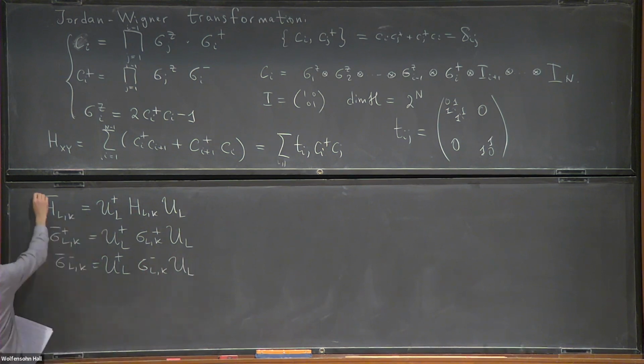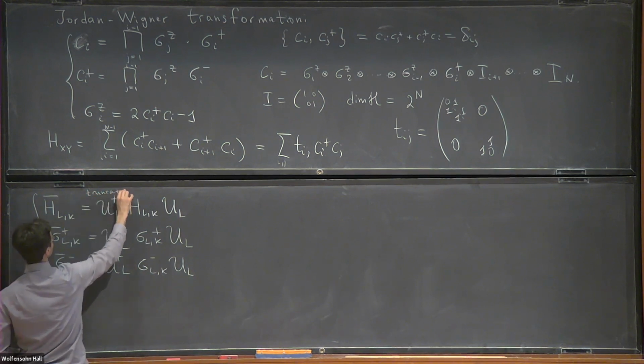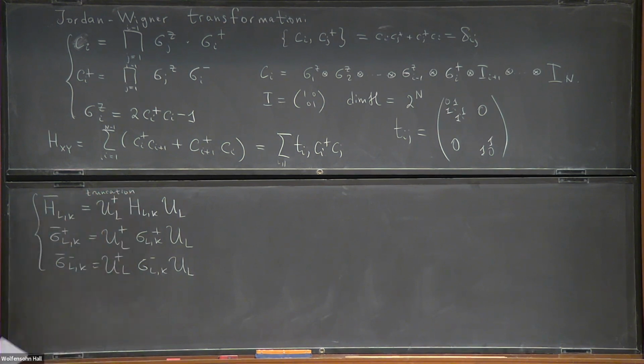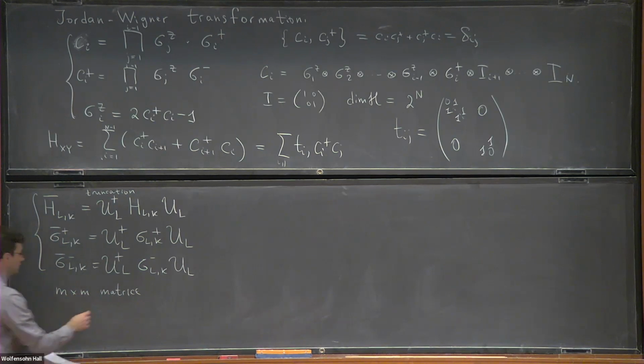Right, so that's a truncation. Now all of these matrices, when I conjugate them by this matrix U, become m by m matrices, and m is much smaller.